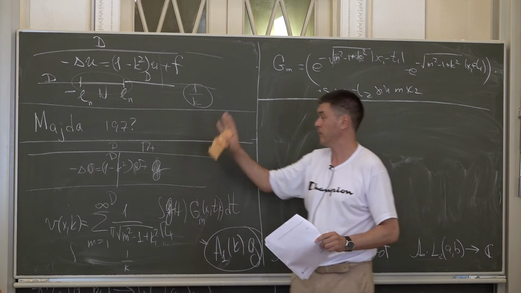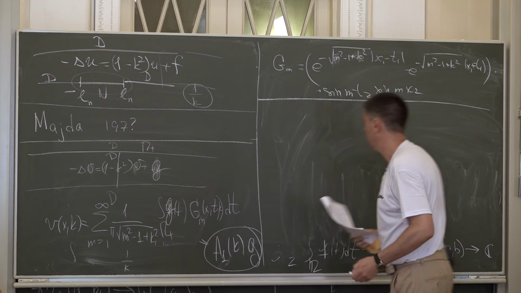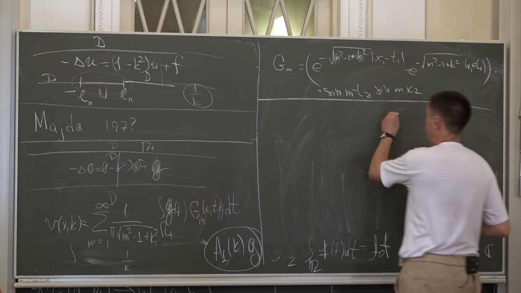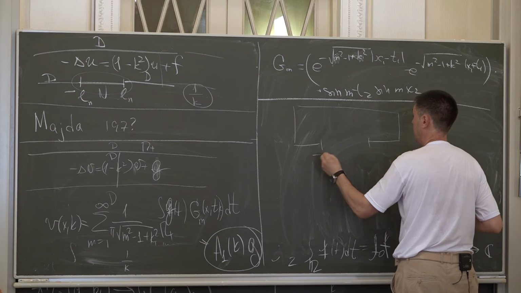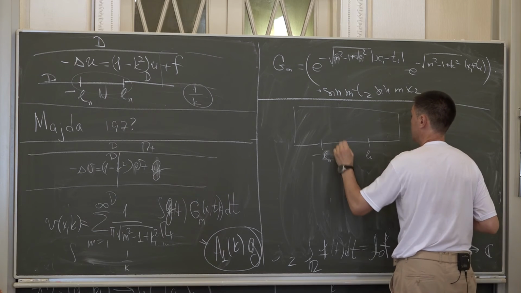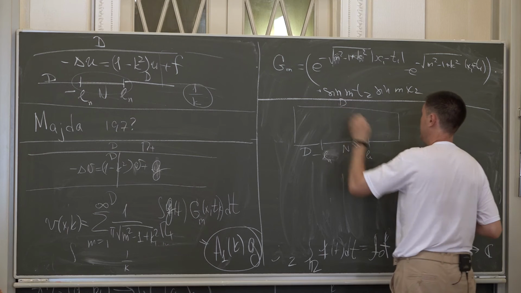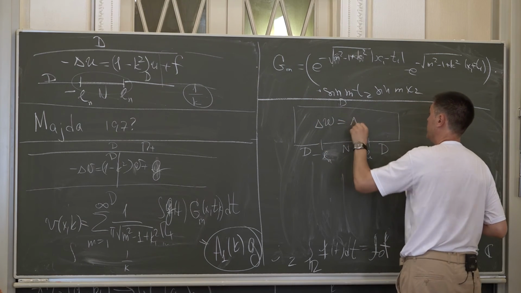So I want to solve such two boundary value problems. I can do it. Then I do the following. When I take a box with this Neumann window, here I have D, and here I have an equation of this form.